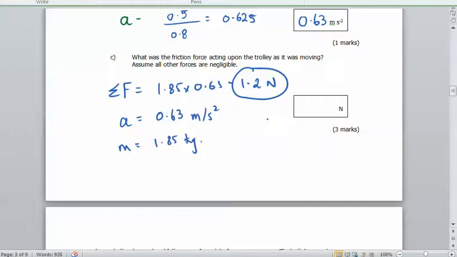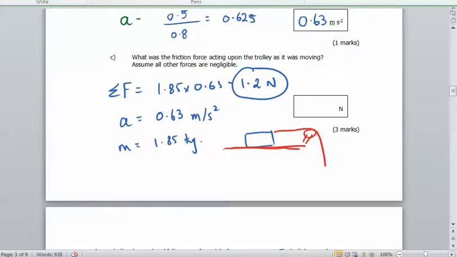Okay, so let's look at the force here. We've got a cart, and this is on a table, and there's a pulley. We're ignoring the friction force on the pulley, perhaps.